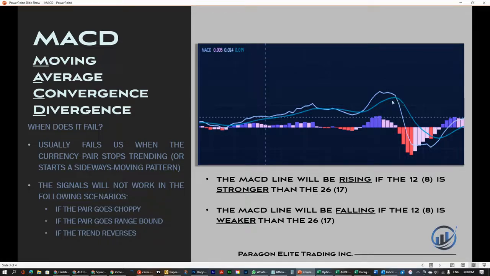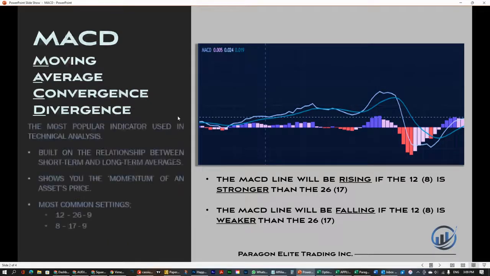Look at the slopes between the two lines. And this is the fast baseline, right? So if you've got the 9 EMA doing that against an 8-17-9 setup, that's pretty significant. That's going to be a significant drop off and a price movement.